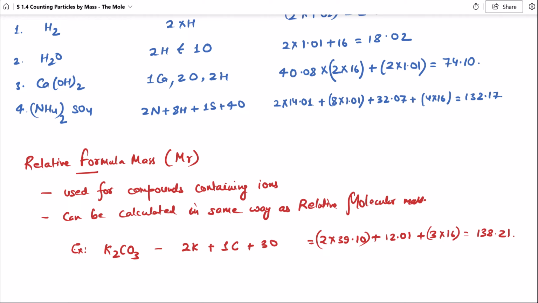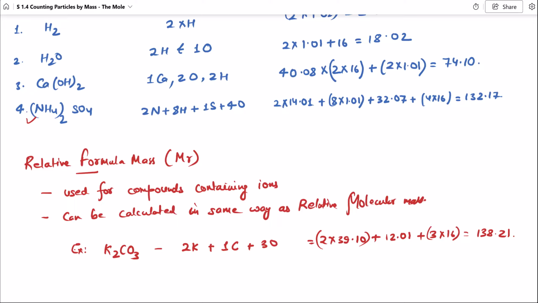This is an easy way where you can do the calculations as required, right? If you can see these 2 examples, all are a kind of examples. We can use it to calculate the relative formula mass, right?